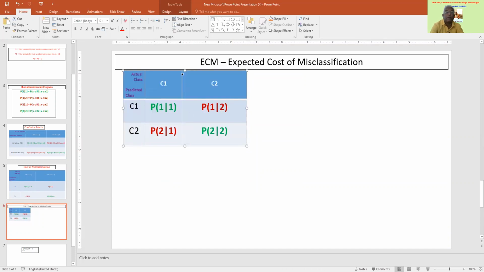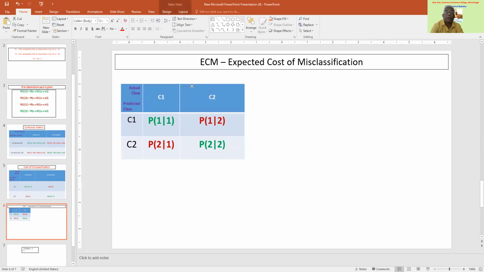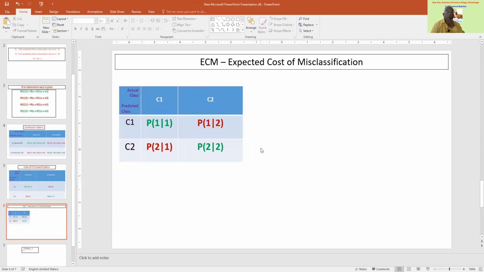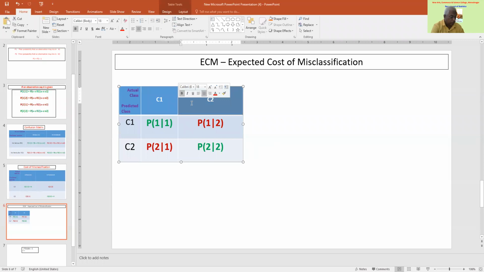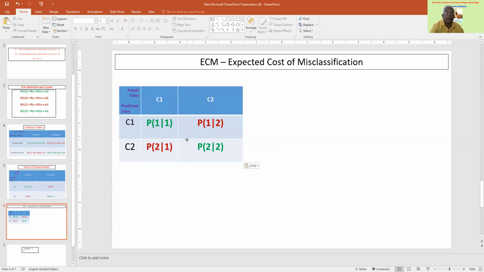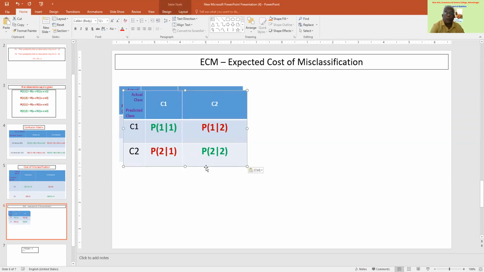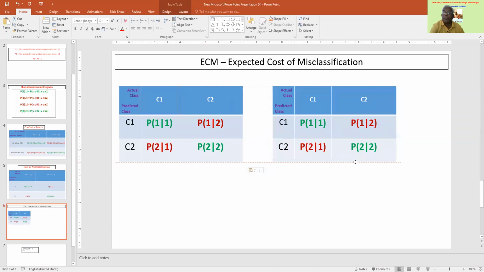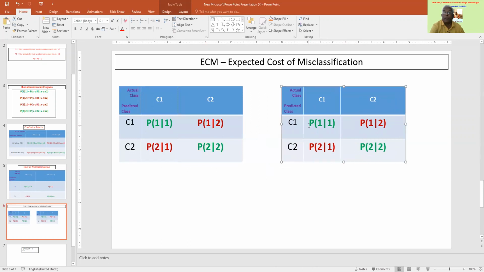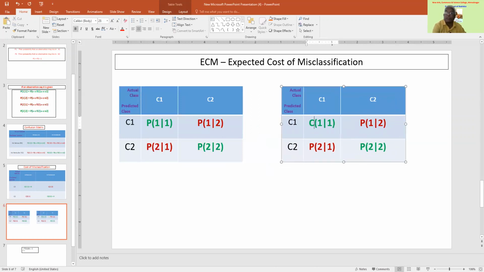So see, this is the probability matrix, the misclassification matrix. Now let me copy this and I will write it here with this.